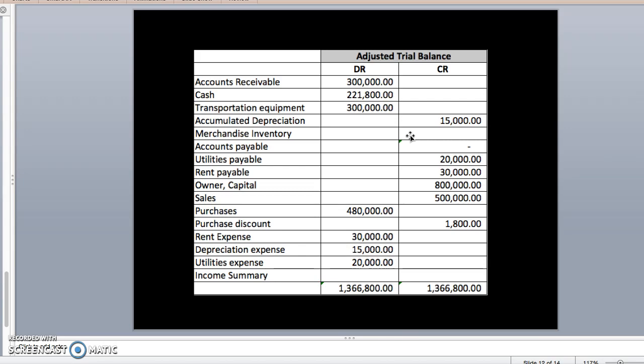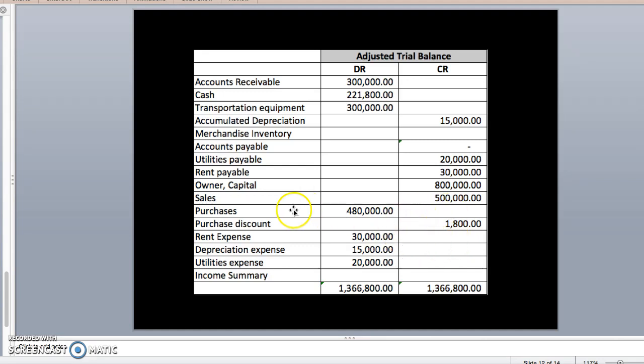It means that perhaps this business just started this period, so we have 0 amount here. But then if you look at purchases, we have purchases during the period 480. Purchase discount is 1,800. There are no purchase returns and allowances.